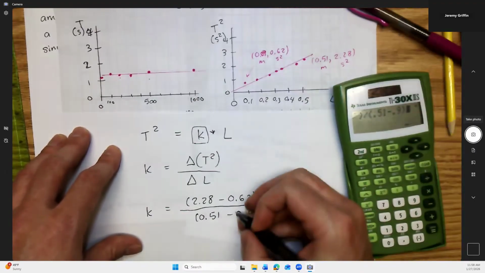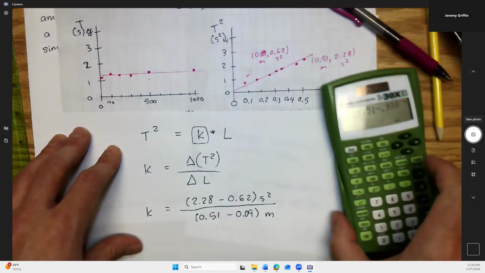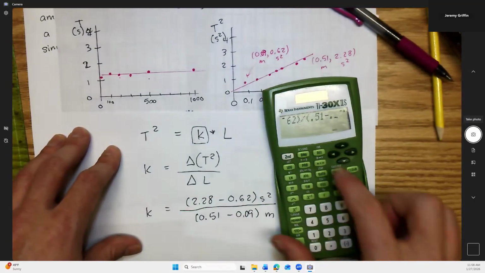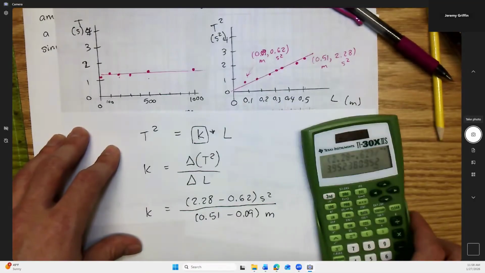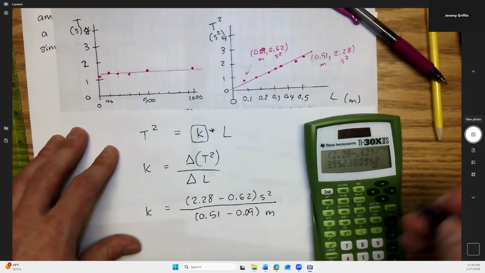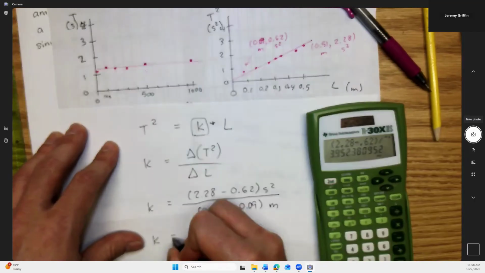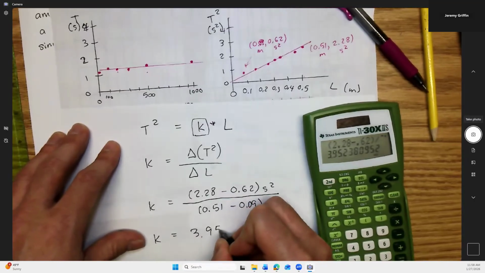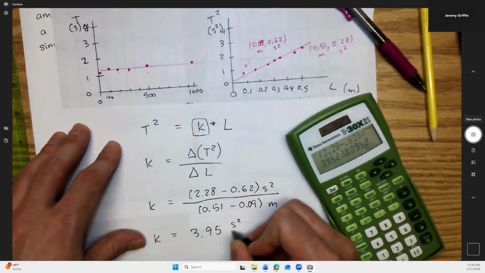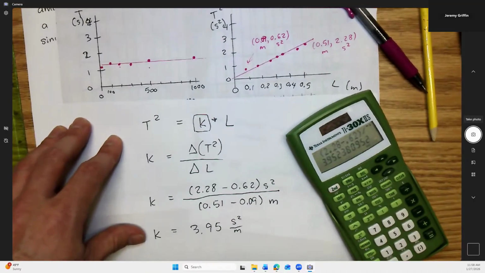There you go, that makes more sense. K is 3.95. That's square seconds per meter.